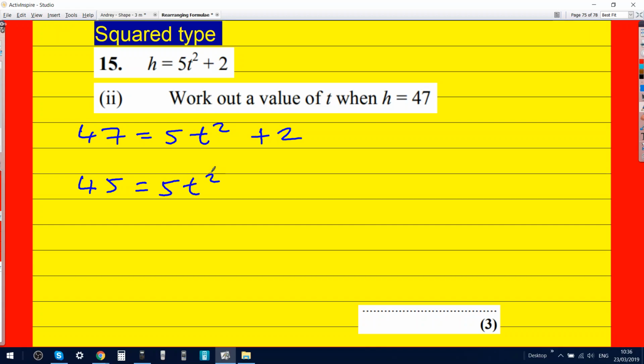Then would you divide by 5? Yep, which is 9. So t squared equals 9. And then would you square root it? The square root of 9 is 3. Well done. So t equals 3. Is there another number that when you square it, you also get 9? Minus 3. Well done.